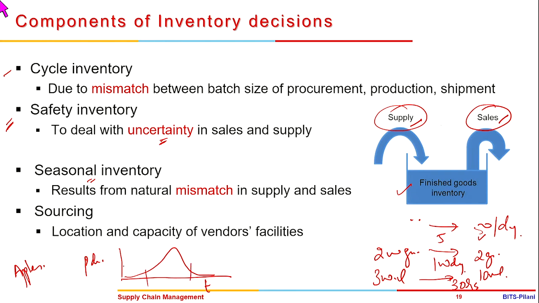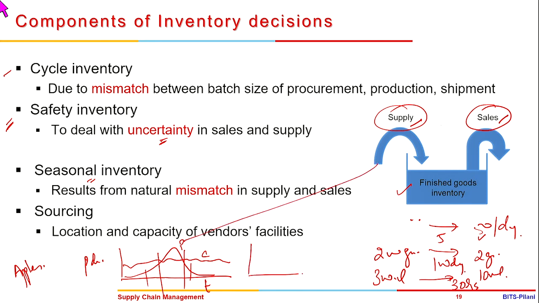But the consumption of apples is something like this. So we have inventory that builds up during this period. In this period, production is higher than consumption, and we cannot do anything on the production side. In this case, we have seasonality on the supply side.